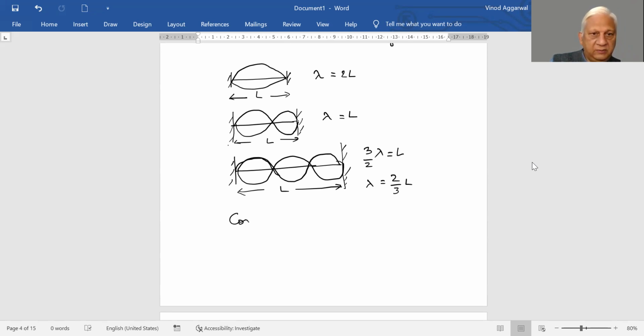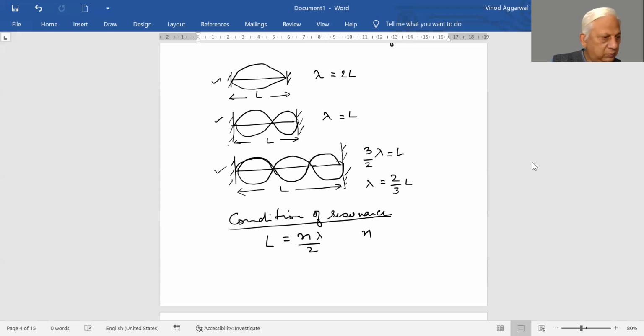So the condition of resonance is, resonance means when this or this pattern is formed, when L is equal to N lambda by 2, where N is equal to 1, 2, 3, 4, and so on and so forth. When N is equal to 1, you get L is equal to lambda by 2.